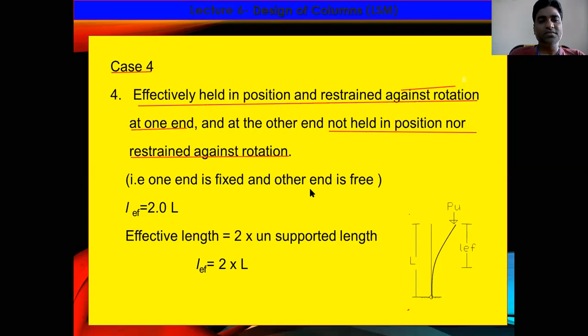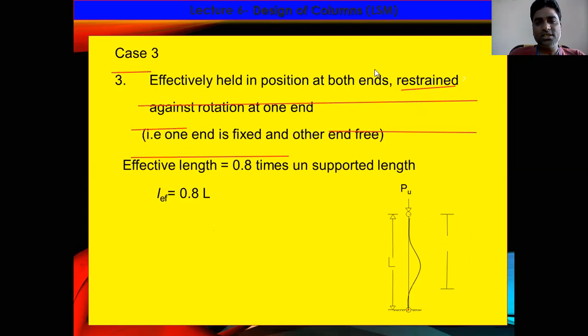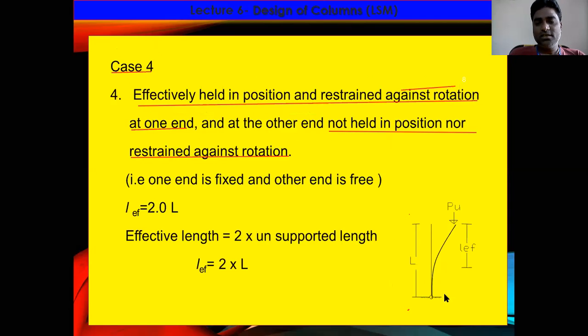If you observe the previous case, both are held in position, that means both are hinged, and restrained against rotation at one end, that means that end becomes fixed and the other end is hinged. Here, one end is fixed and the other end is free.